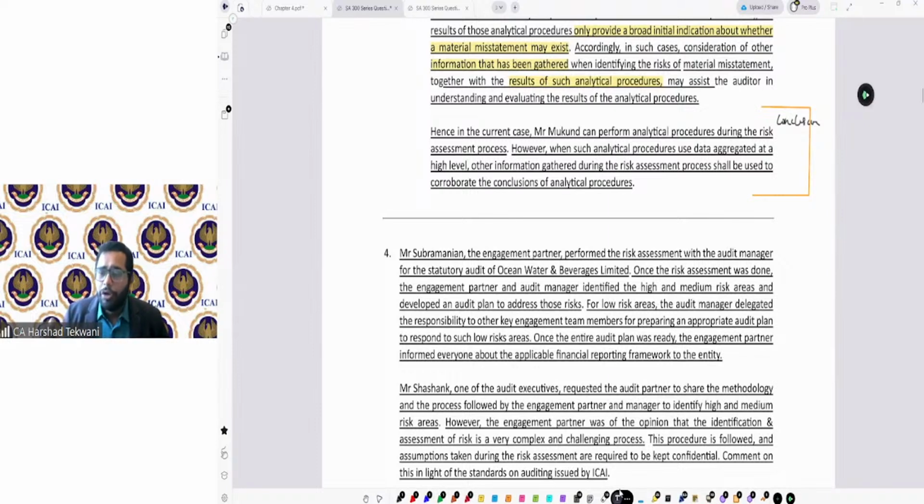Now identify who has done what, and on the basis of that, think whether that is appropriate or not. So let's give a try. Read the question once again, take your time, but then try to answer what is the problem here.